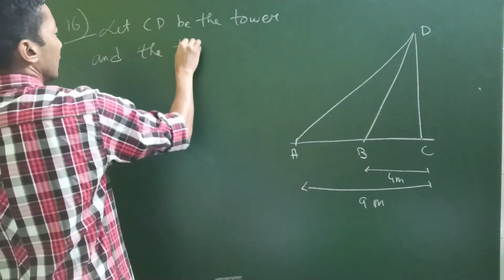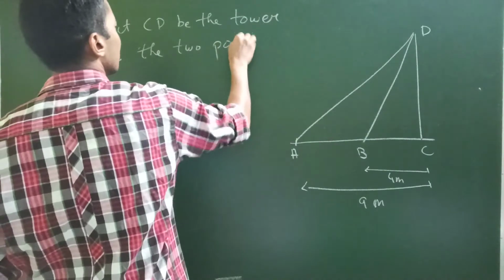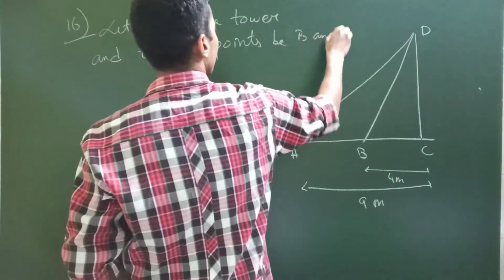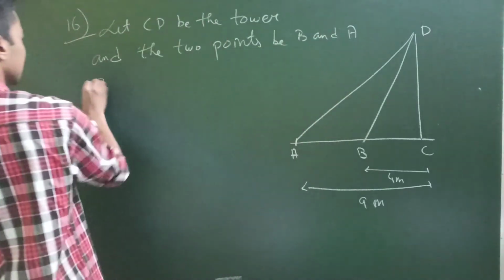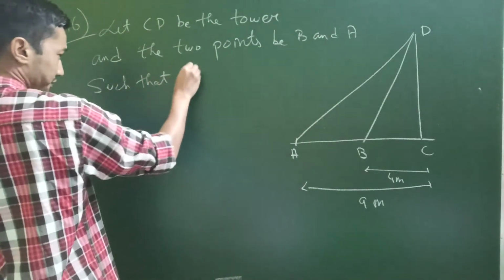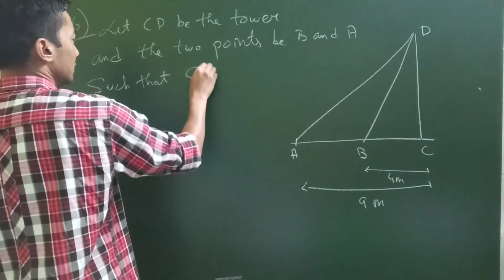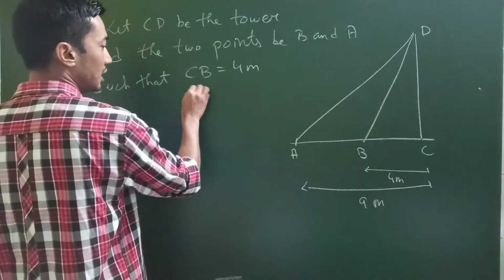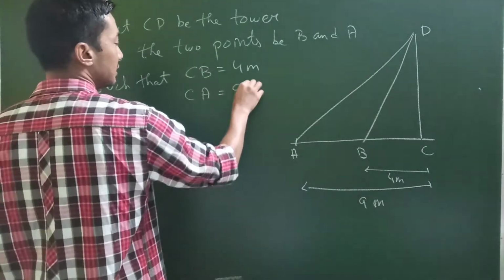So let CD be the tower and the 2 points be B and A, such that CB is 4 meter because it's from the base and CA is 9 meter.